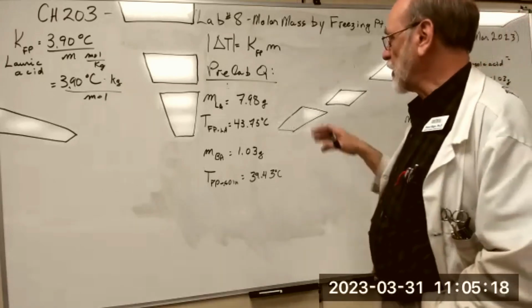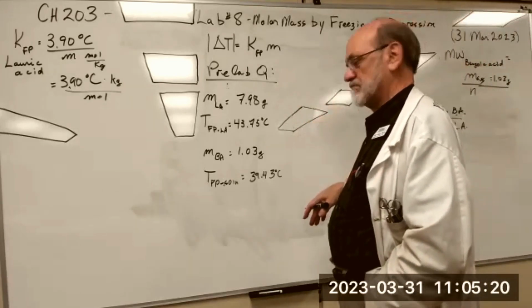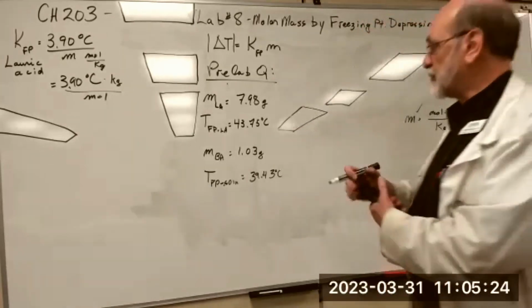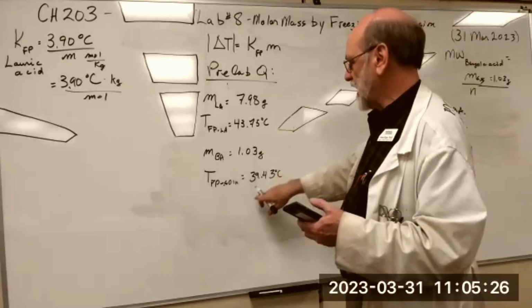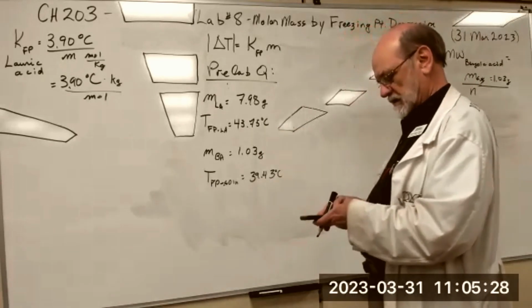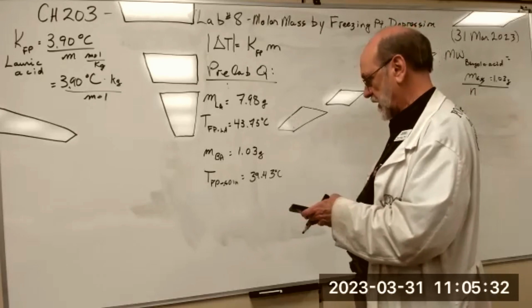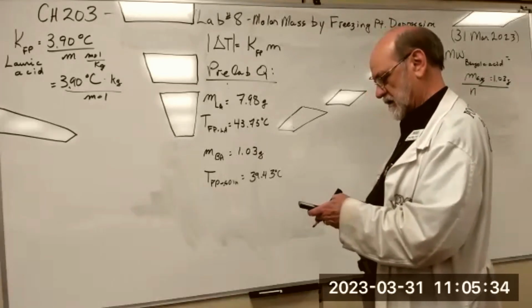Now what we need is, what's the temperature difference? What's the temperature difference between the pure lauric acid and the solution? So we got 43.75 subtract 39.43.